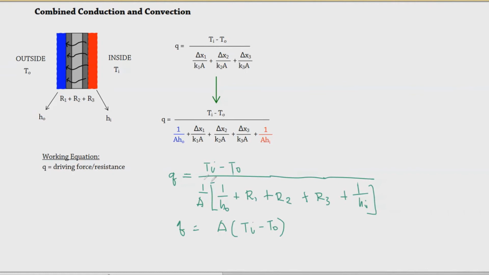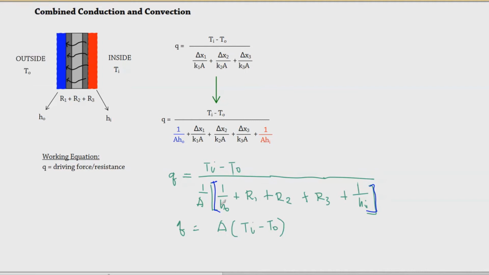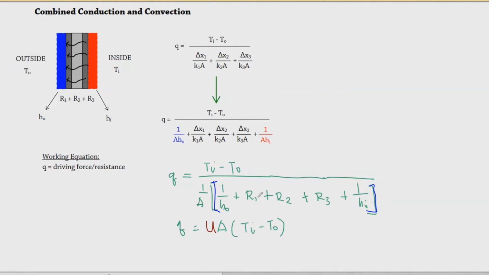Now, this whole term that we have here, not including the area, the one in the bracket, can be represented as U. So that means I can write here U, and we call this the overall heat transfer coefficient.